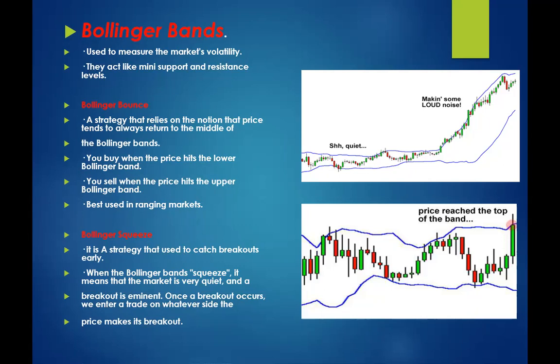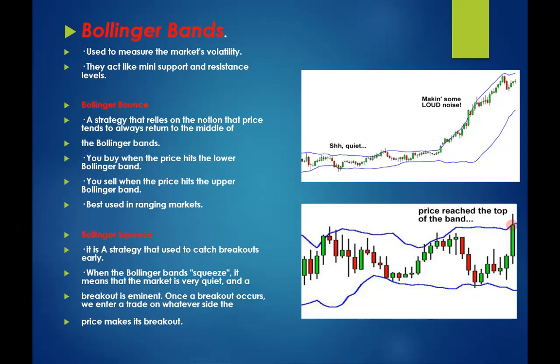So let's continue. Bollinger Band is an indicator that is mostly used to measure the volatility of a market. Okay, let's say the market is going up and you want to know whether the market has reached the point where it wants to reverse. With the help of Bollinger Band, you can use that to view.